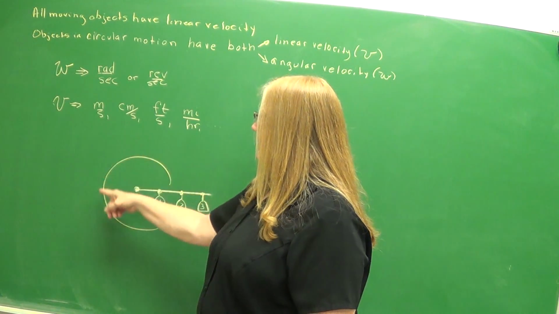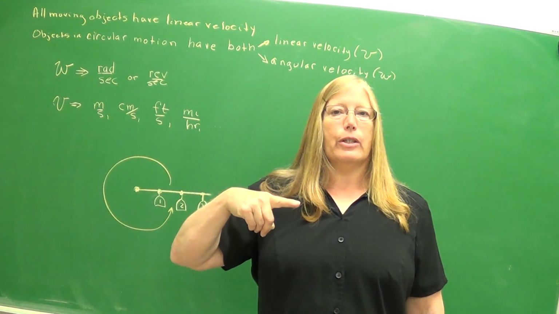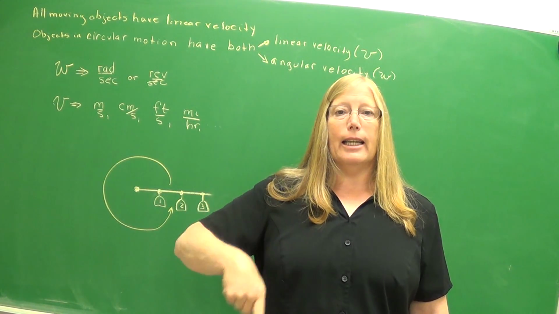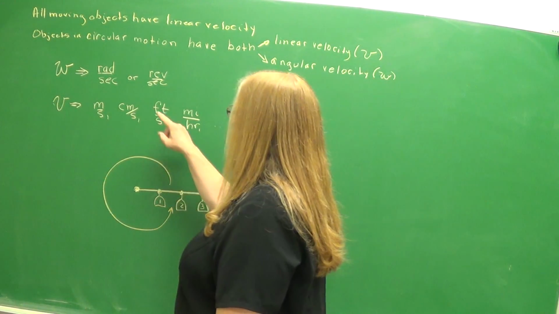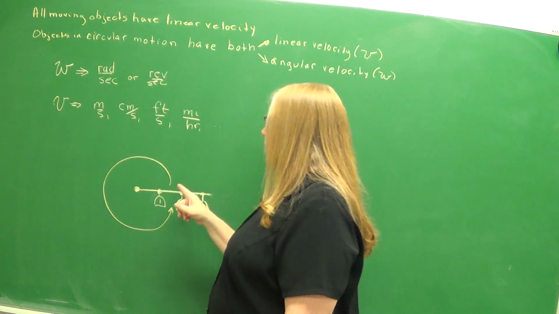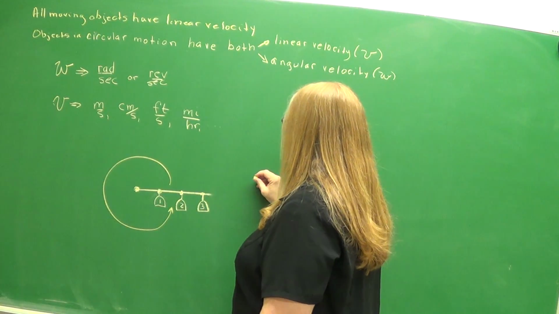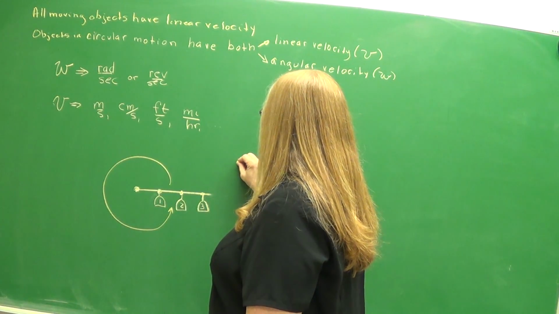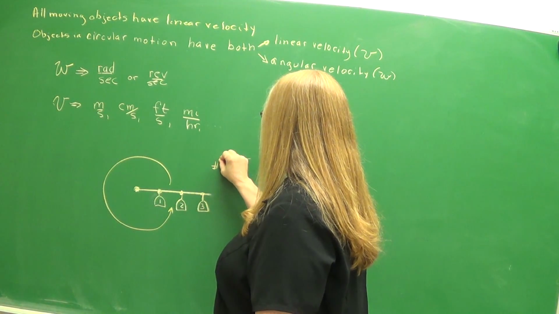How many radians is that? Remember, halfway around the circle is pi radians, and all the way around is 2 pi radians. Let's say it takes 1 second to revolve this around. So we'll say we have 2 pi radians for object number 1.